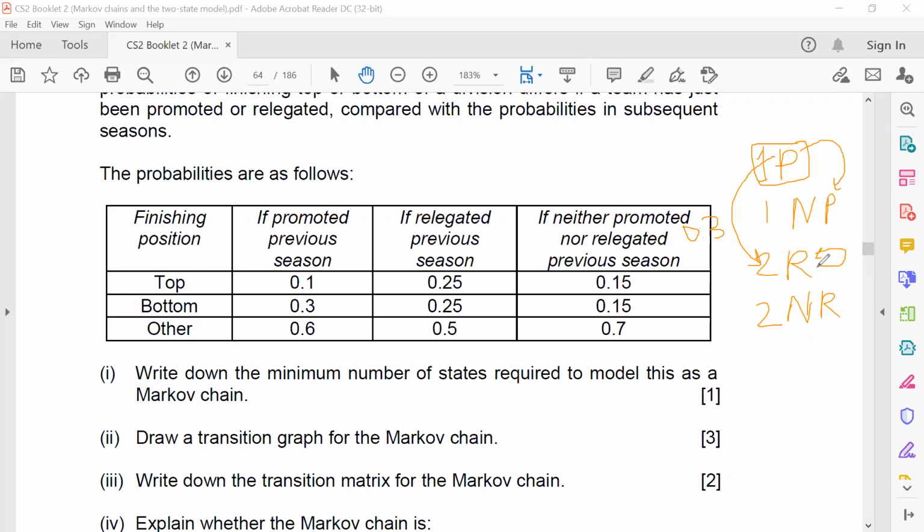There is no way you can be relegated any further, so this is just going to be 0. Now you can go from 2R to 2NR, which will represent the addition of these two, the bottom and the other guy. So it will be 0.75 here. Does this make sense to you guys?